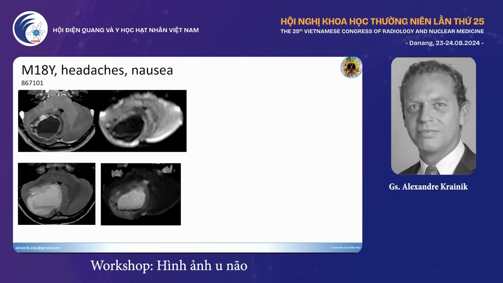Actually, surgery is quite a bit different. When you have pilocytic astrocytoma, you should remove the entire wall of the cyst, while when you have a hemangioblastoma, you can only remove the main nodule and the cyst would disappear by itself.